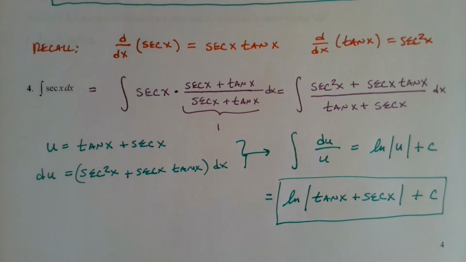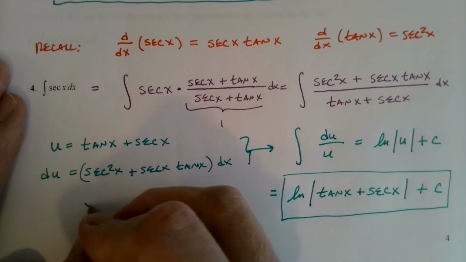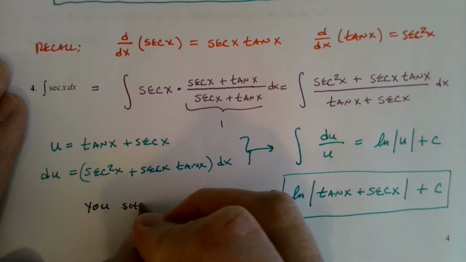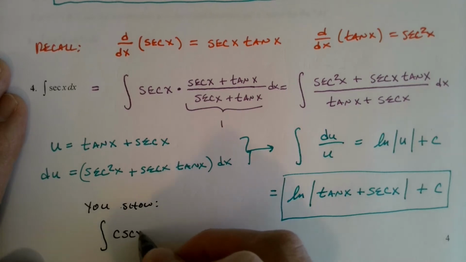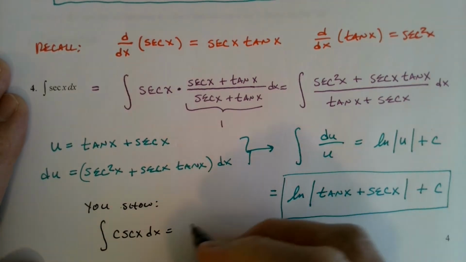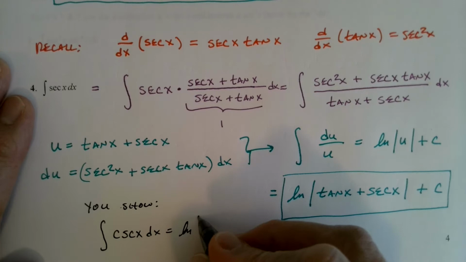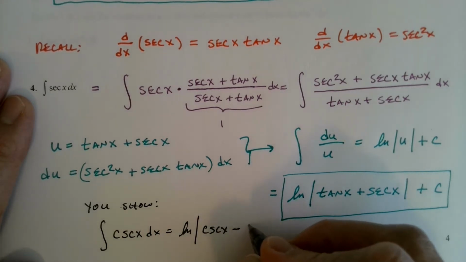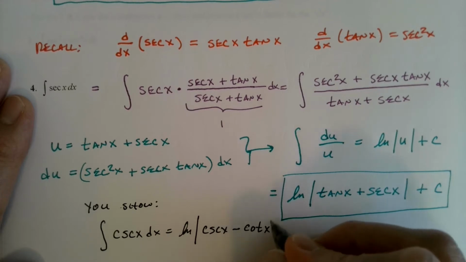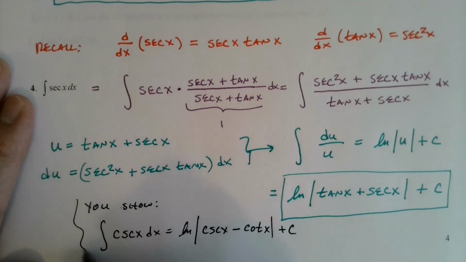Okay, so we now know sine and cosine antiderivatives, tangent and cotangent, and now secant, and I want you to show very similarly that the antiderivative of cosecant x is the natural log of cosecant x minus cotangent x plus c.